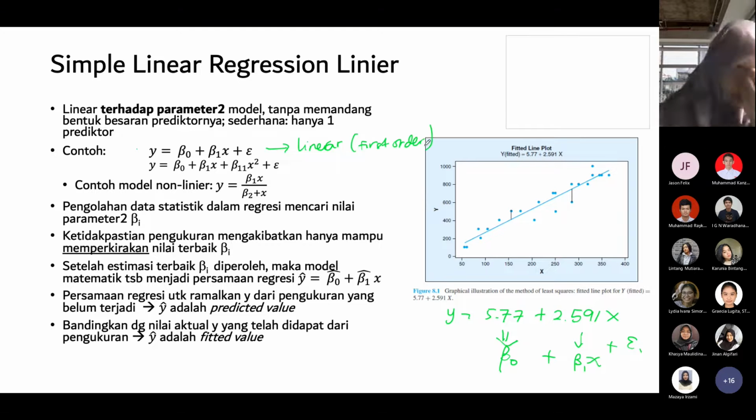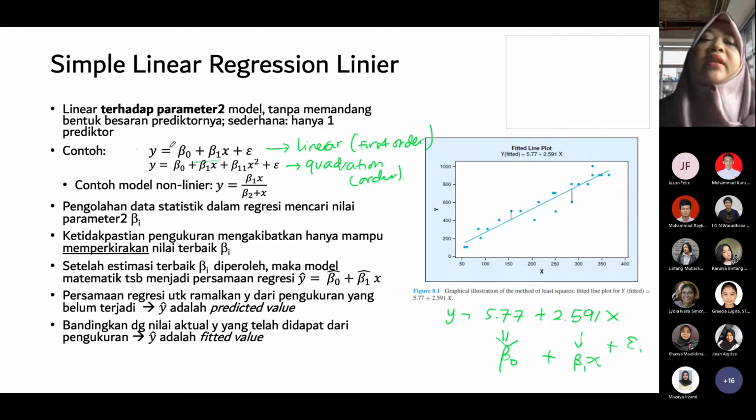We also can model it, if you think it looks like second order, or kuadrat, pangkat 2, and write it like this. So beta 0 is the intercept, beta 1 is for x, and beta 1 1 is for x to the order of 2, with epsilon. So this is for quadratic or second order.